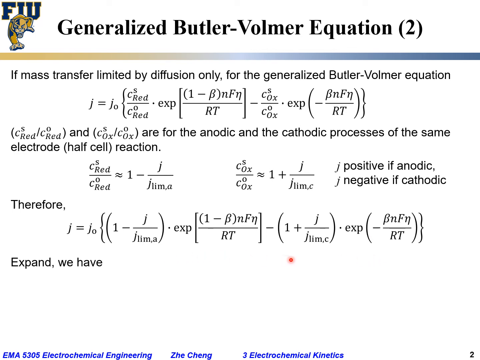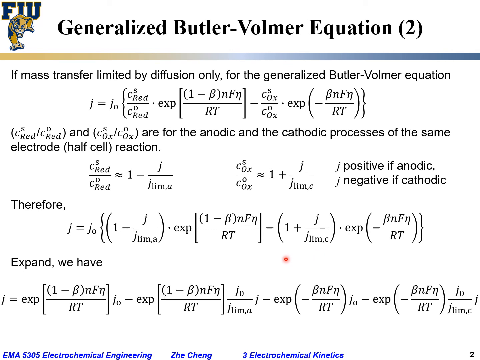Expand this equation, then we are going to have this long equation: J on the left, J0 times 1 times the exponential term, we have it here. J0 times J over J limit times the exponential term, don't forget the negative sign, becomes the second term on the right.